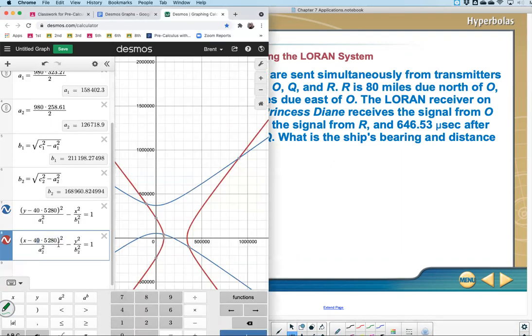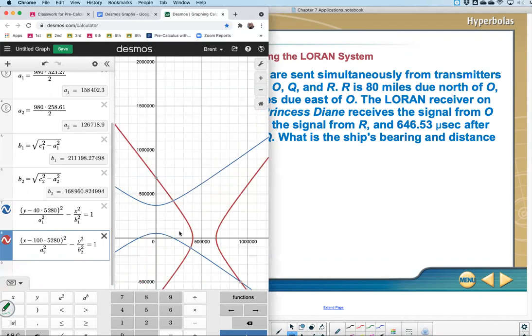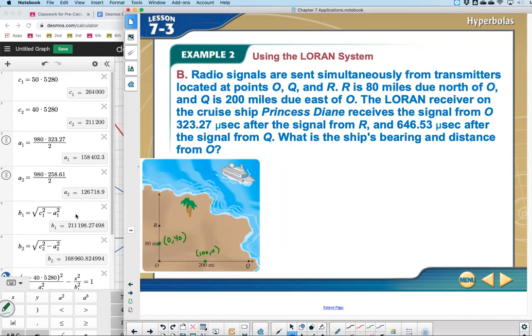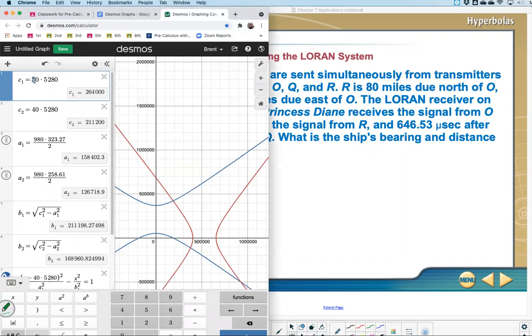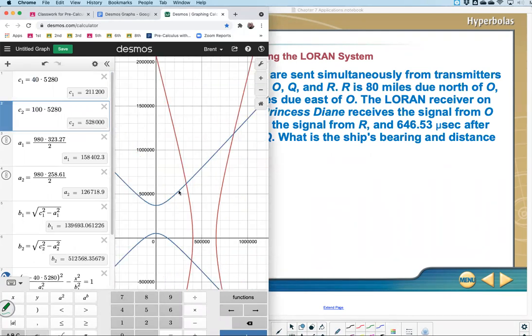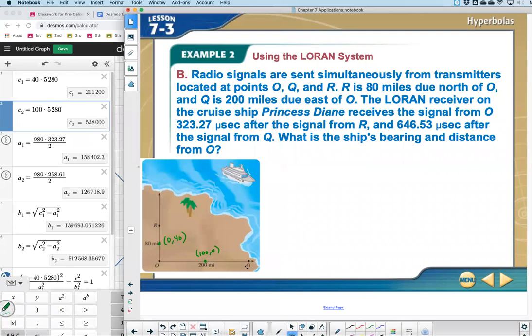You might be going, there's no way you're going to do this that quickly. I'll show you we can. So we've shifted that over. The C values are from the center to the foci, which means they're now 40 miles. And the other one is 100 miles. So I've done the C's. The A values here, our time value has just slightly changed.